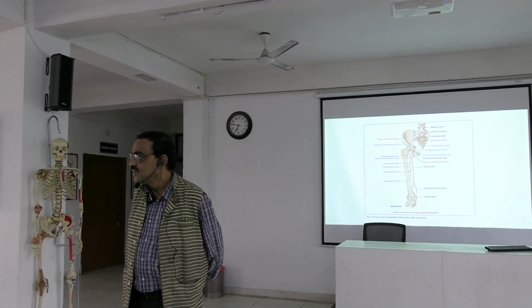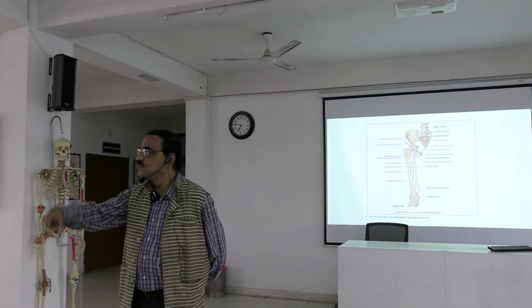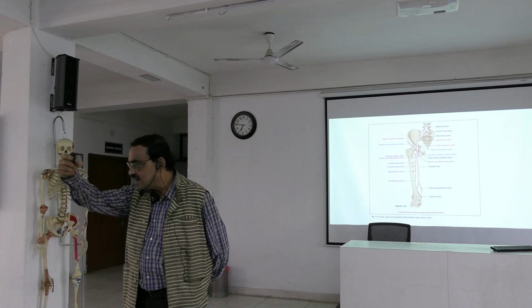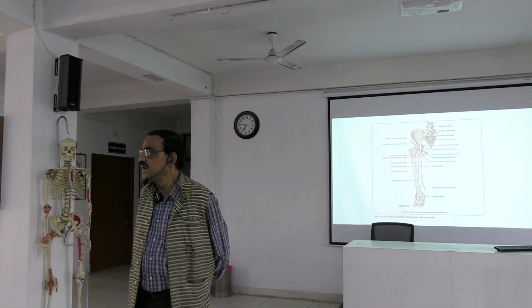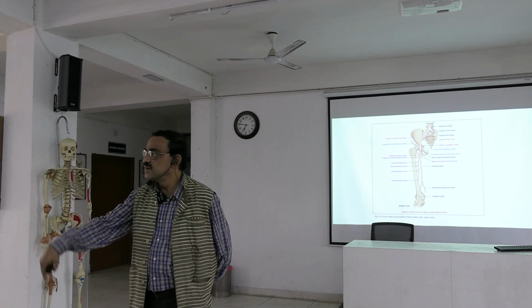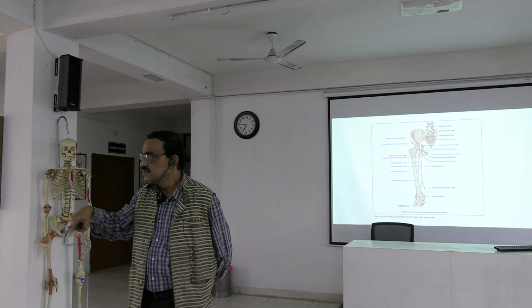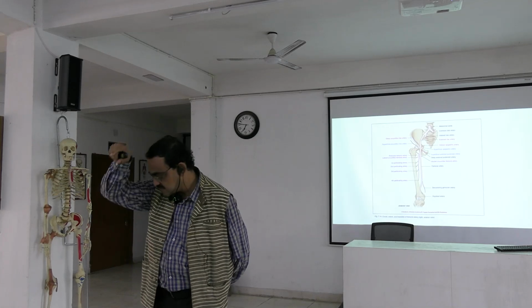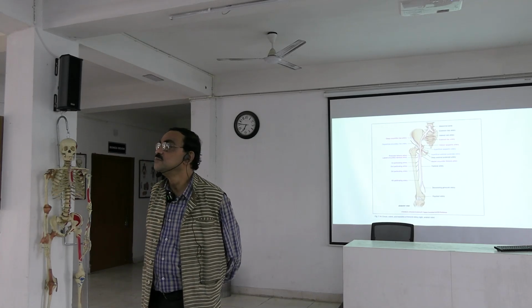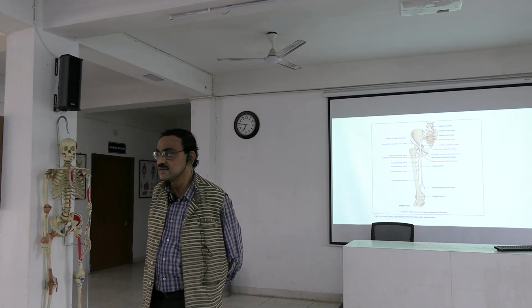Okay. The femoral artery will pass like this, and ultimately it will rest over the adductor magnus muscle and enter the opening in the adductor magnus, and it will continue as the popliteal artery.